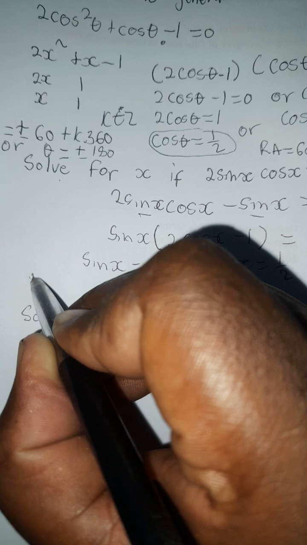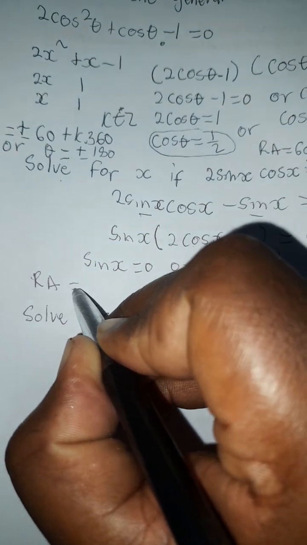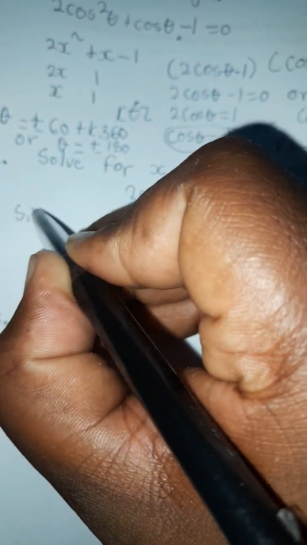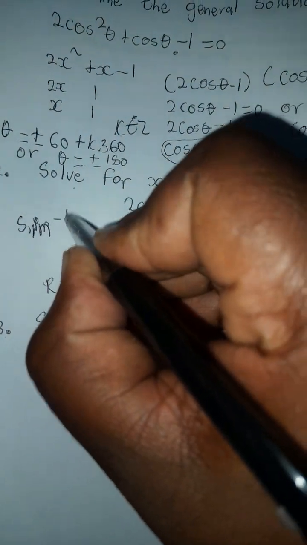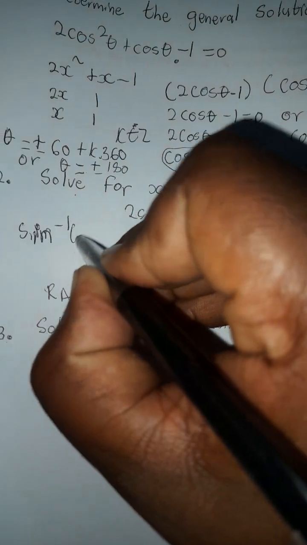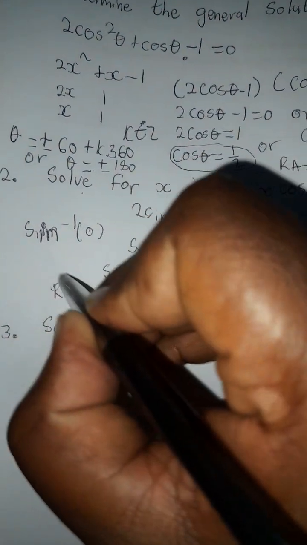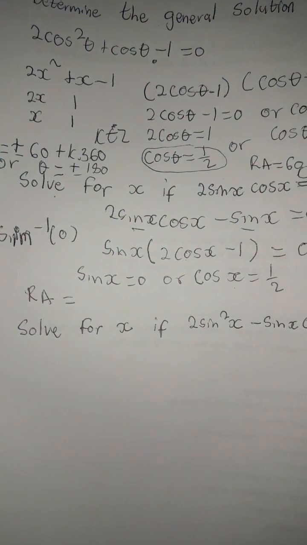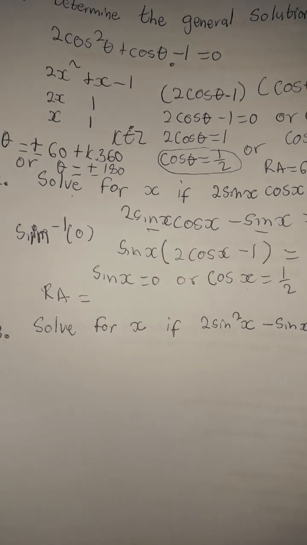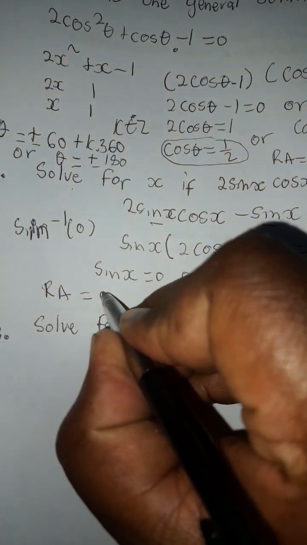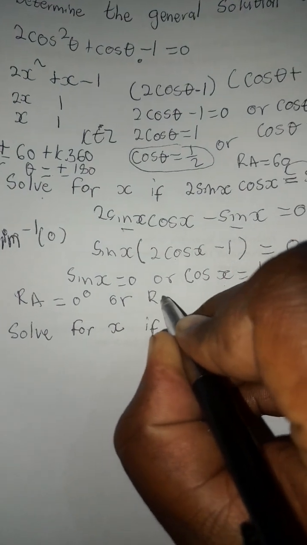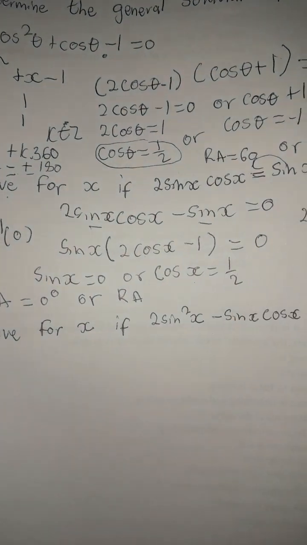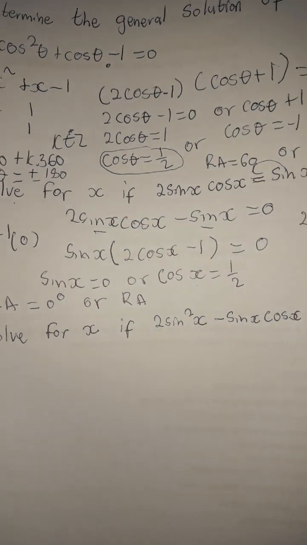So therefore, let's look for the reference angles. What is sine inverse of 0? Let's punch our calculator. We are getting 0 degrees. Or what is cos inverse of half?